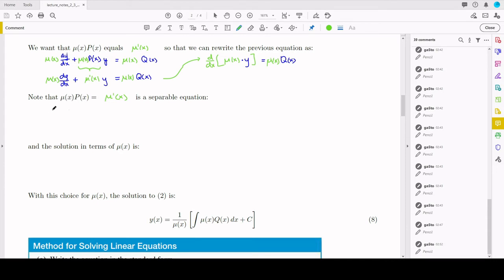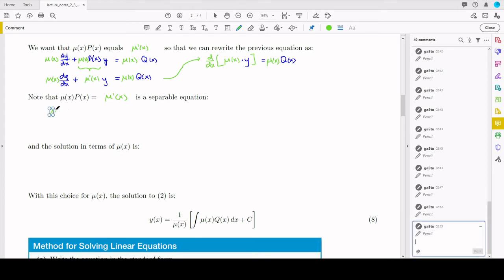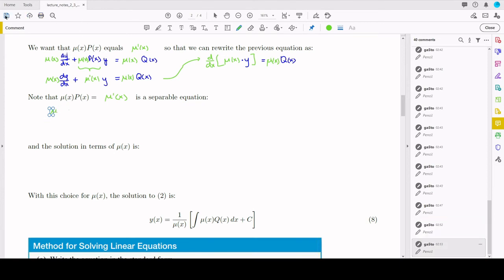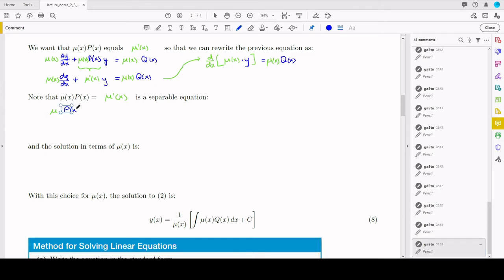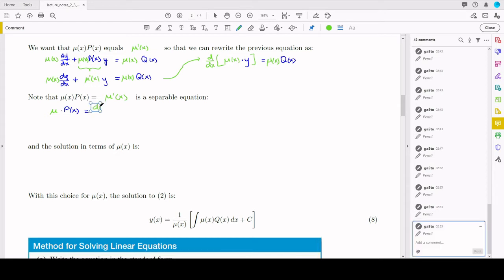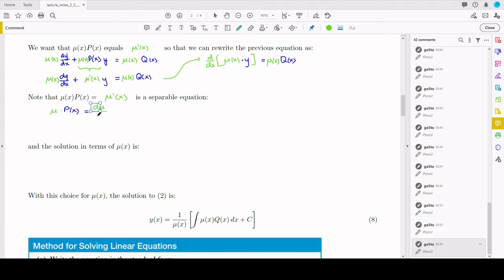I'm just going to write mu of x as mu, and multiply that by p of x, and then write the right hand side as d mu dx.